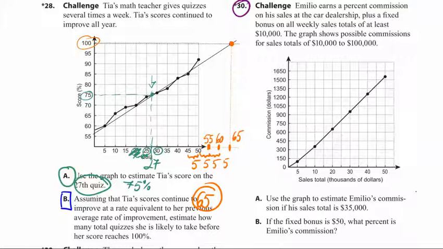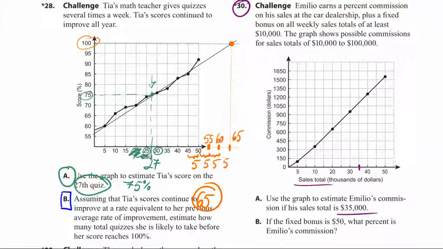Because the graph already represents Emilio's commission in relation to his sales, we can just go on the graph and first look for the sales total of 35,000. 35,000 is right here between 30 and 40, right?